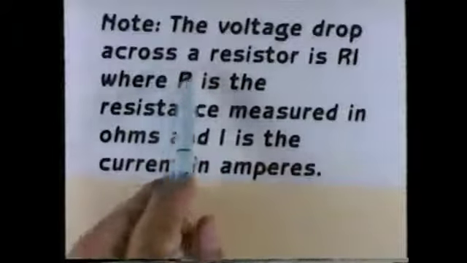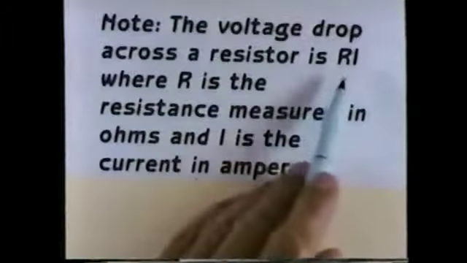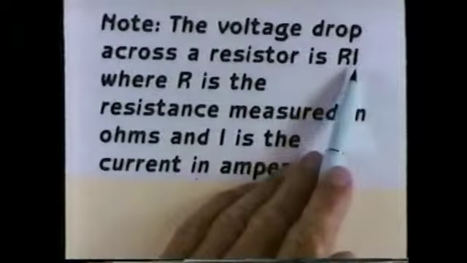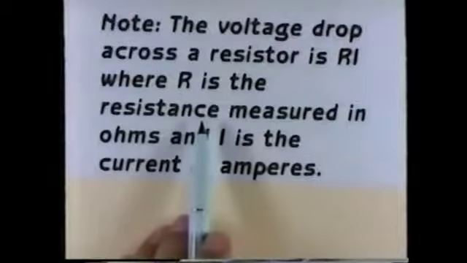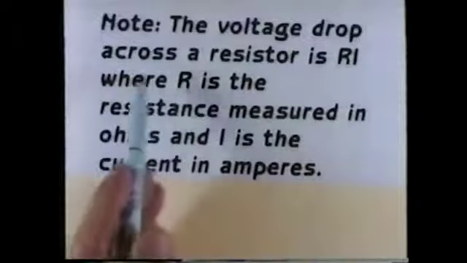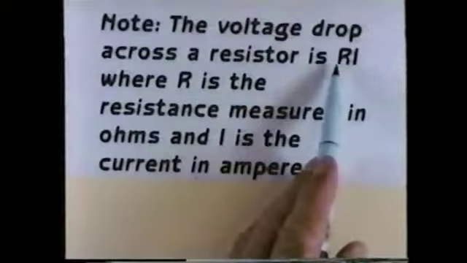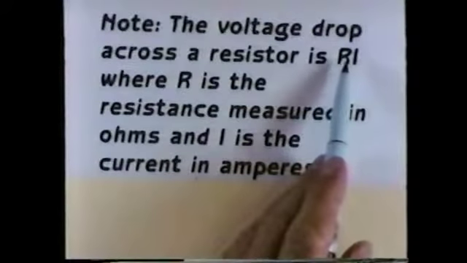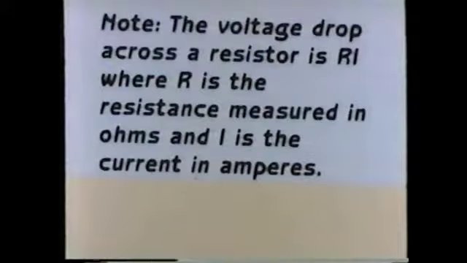The voltage drop across a resistor is Ri, where R is the resistance measured in ohms, and I is the current in amperes. So the voltage drop across a resistor is simply the resistance times the current.